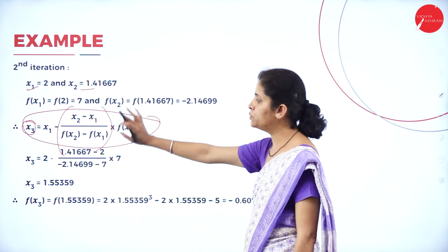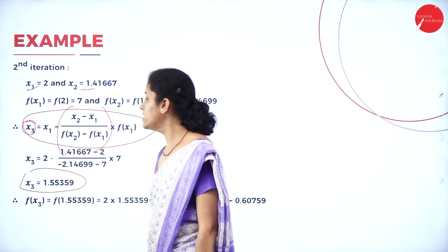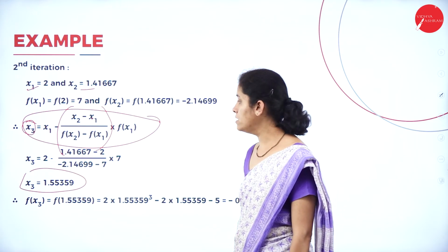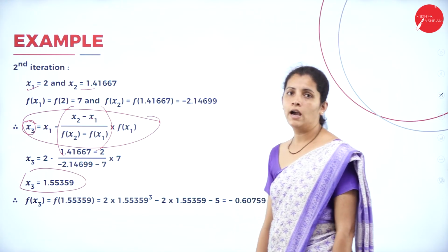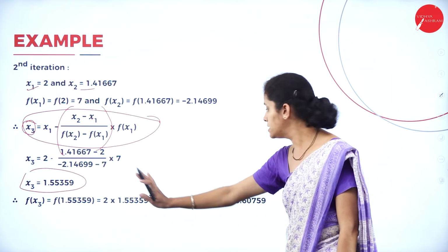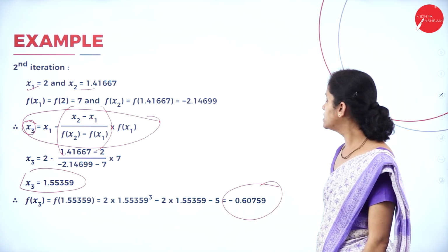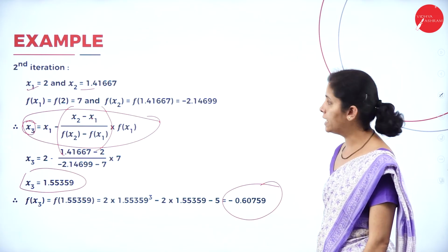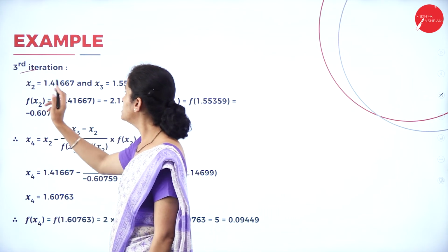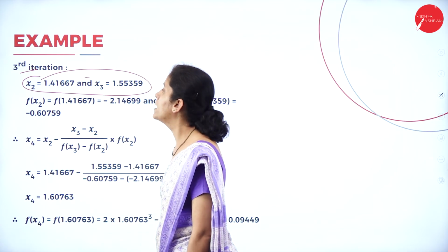And when I substitute, I'm going to get the answer x3 equal to 1.55379. And when I substitute in my f of x3, I'm going to get the answer minus 0.60759.